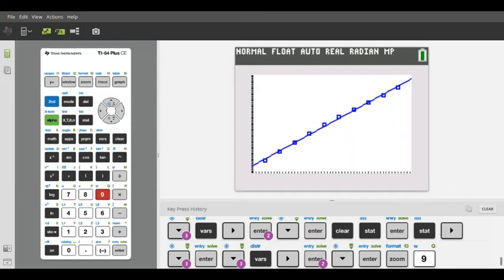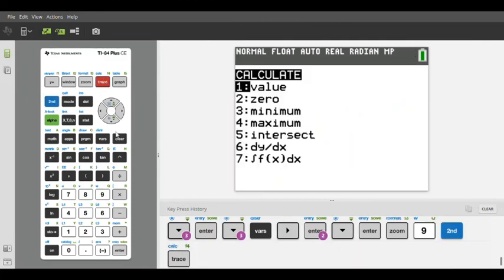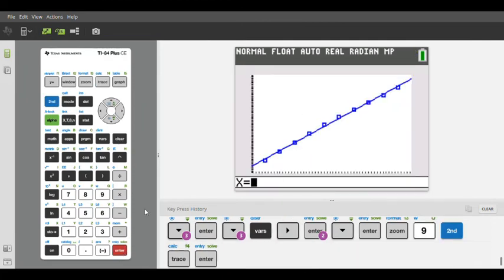Now we have to write the equation for part B. We've already found the equation, that's no problem. C said, what does the model predict the population will be in 2042? Remember, this was years after 2010. So 2042 minus 2010 would be year 32. That 32 is what you need to use when you go second calc value.